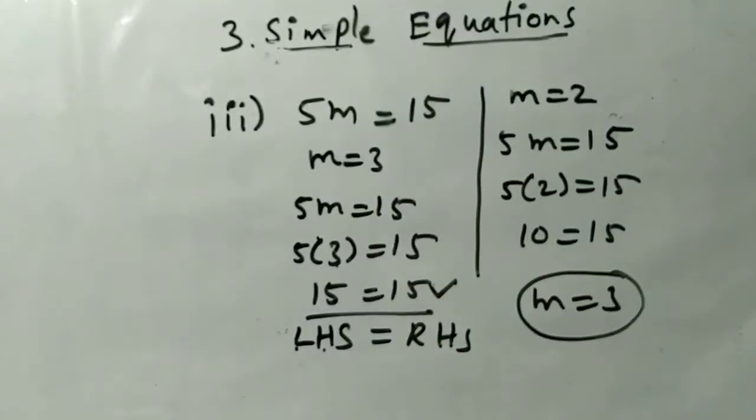Similarly, you can do the fourth one also, same as the third one. The fourth one is 2n is equal to 14.